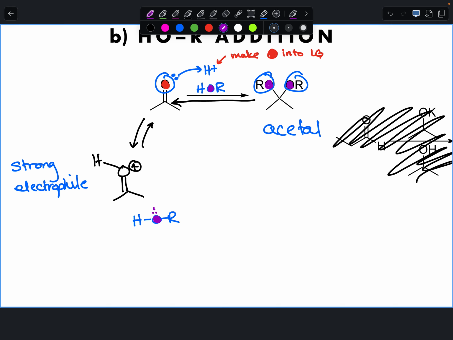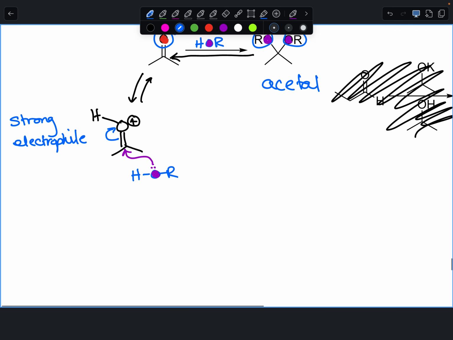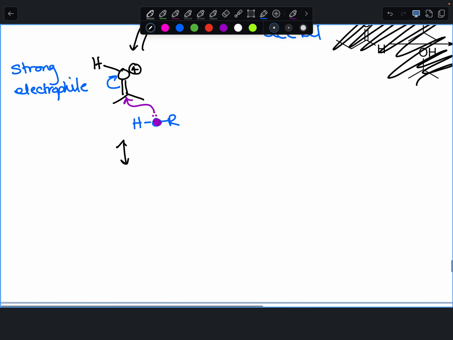So let's talk about nitrogen nucleophiles. Most of the time when we add nitrogen nucleophiles to carbonyls, it's going to be under acidic conditions. I cannot think of adding it under basic conditions. And usually the reason why nitrogen nucleophiles are being added is because we want to change the carbon-oxygen double bond into a carbon-nitrogen double bond.